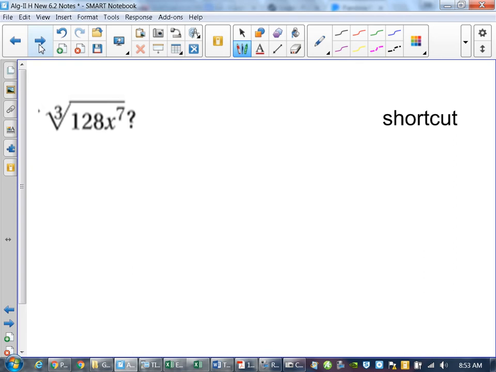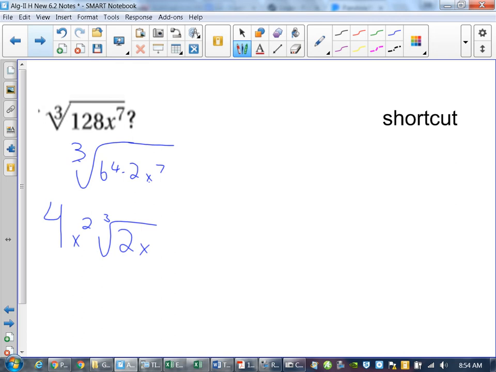So what is the cube root of 64? I can take a 4 out, and then 3 goes into 7 how many times? So I can take out an x squared, and what am I left with on the inside? I have my little cube root of 2x here, and that's it. You're simplifying it the exact same way as you would a square root, but you're just looking for cubes instead. You use the same exact process.